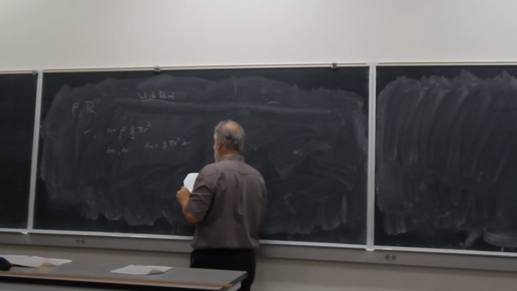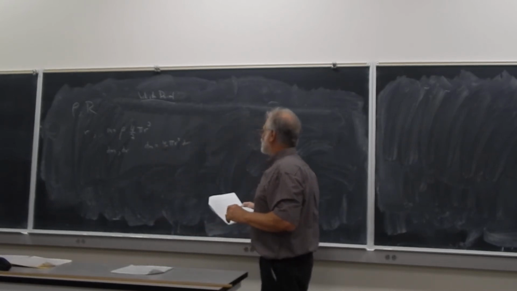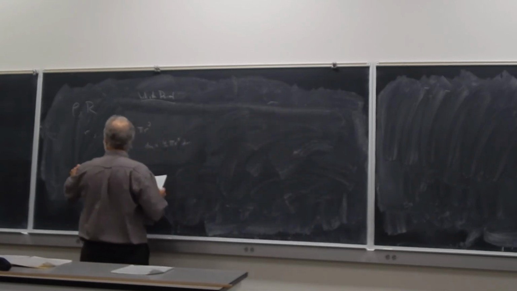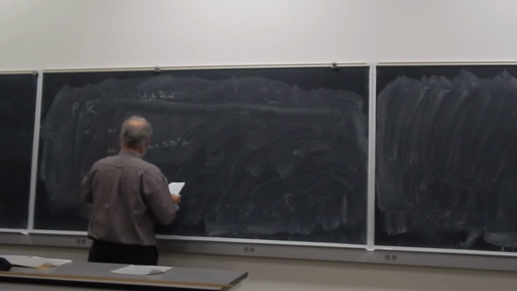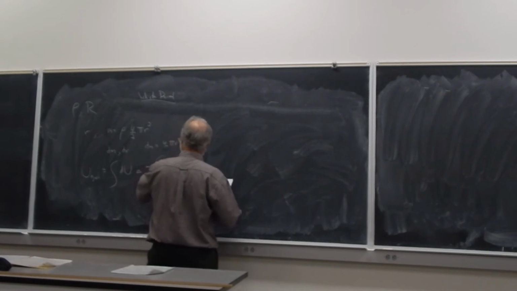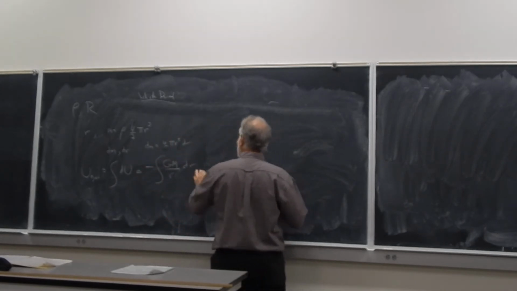Okay? 4 pi r squared, the derivative. 4 pi r squared dr. Okay. So my gravitational potential energy is going to be the integral of dU, which I can write as minus the integral of G m over r dm, good old classical physics.